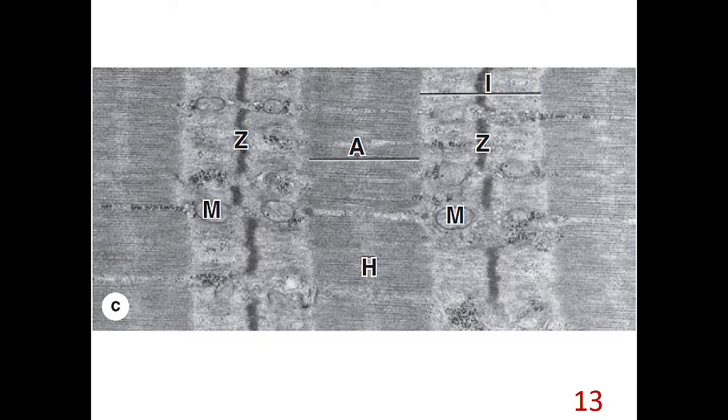In another view of the electron microscope, we see the Z line, and on both sides of the Z line, the actin-containing I band is observed, and also we see the myosin-containing A band. M shows mitochondria, and H shows the H line here.